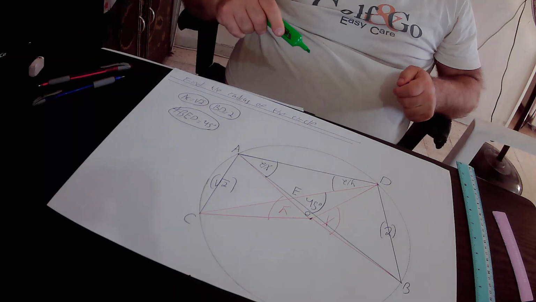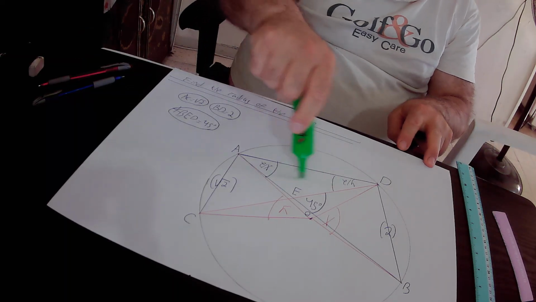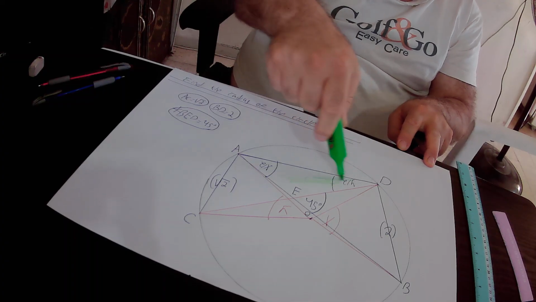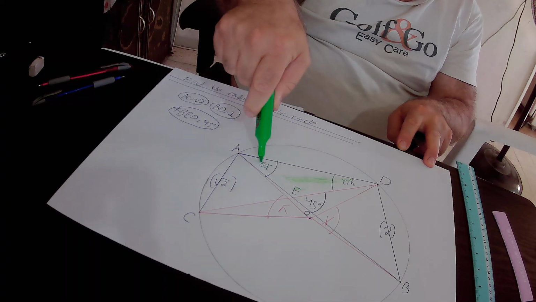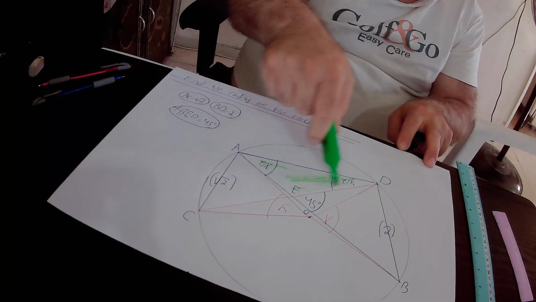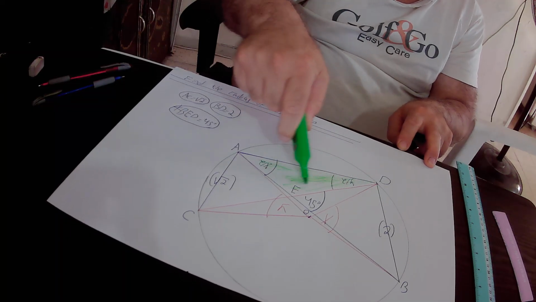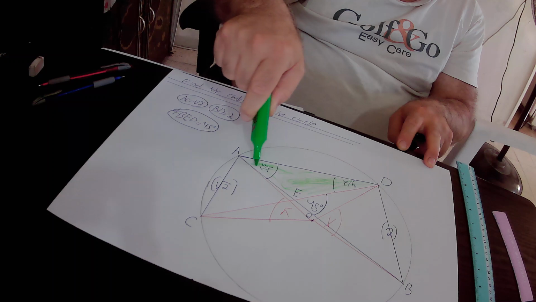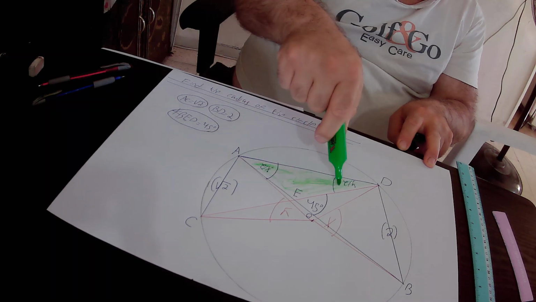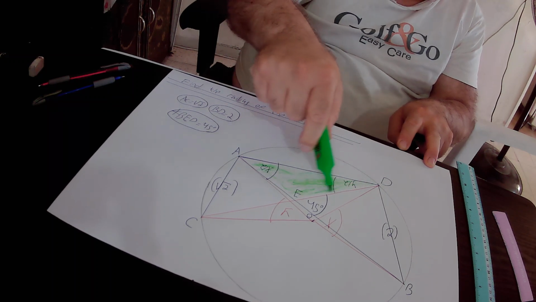In the next step, I'll copy the green triangle AED in a new page, and we will implement rule 4 on this green triangle ADE.